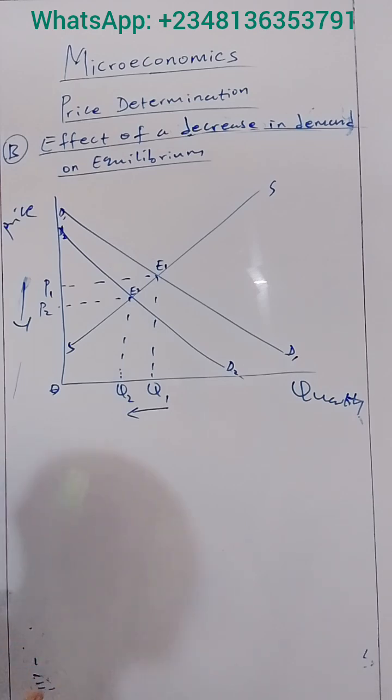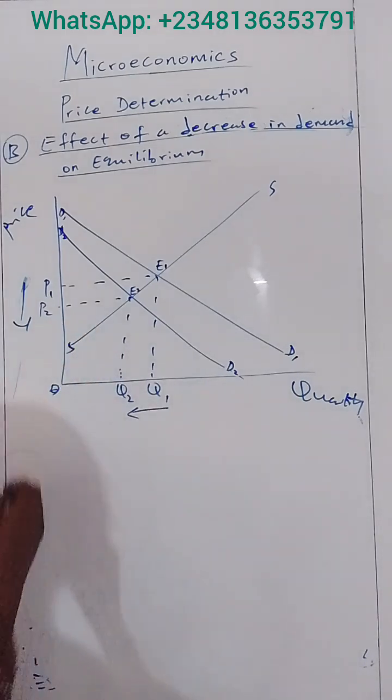Because people have reduced the quantity of goods they buy, we have goods that are left unsold in the market. Because of that, sellers may not want to go home with these goods, so they might be forced to drop the price. So the price will fall, and because the source of the decrease is from the demand, the quantity demanded will still fall.